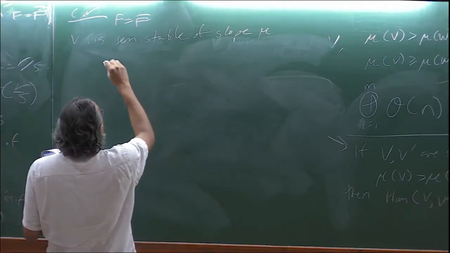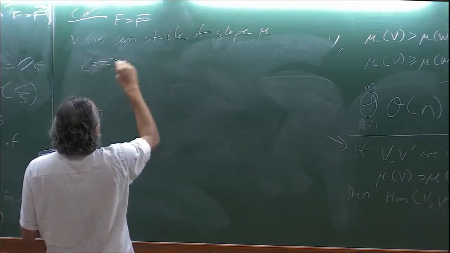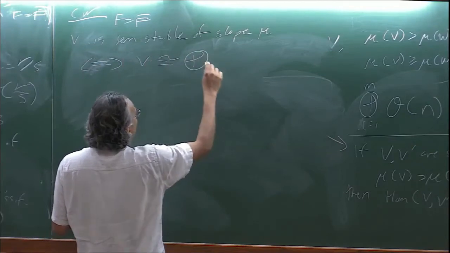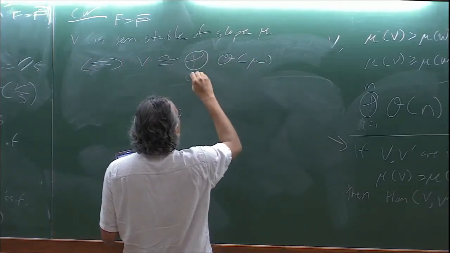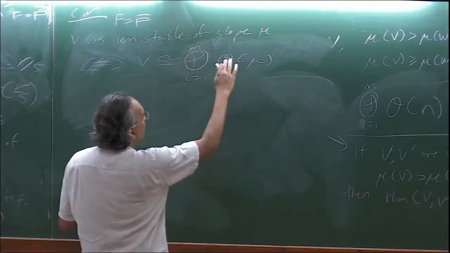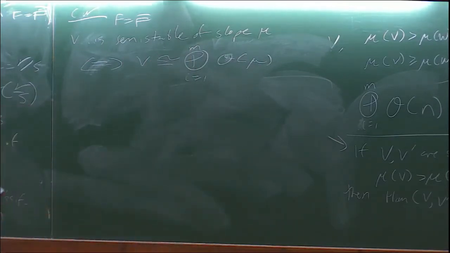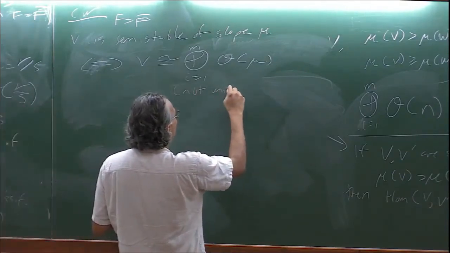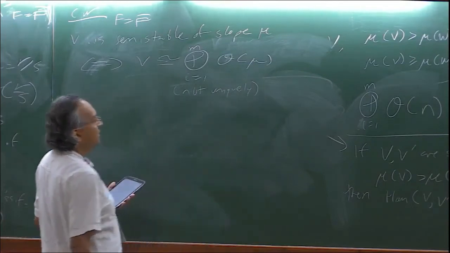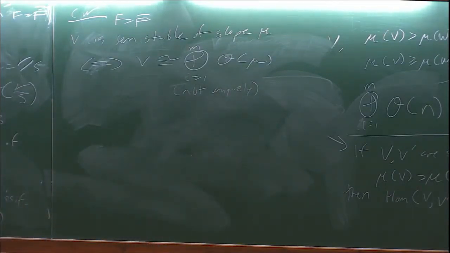V is semi-stable of some slope mu if and only if V is isomorphic to some direct sum of copies of O of mu. So we also know what the semi-stable things are, but this is not a unique decomposition either. But there's not so much ambiguity in it, because the ambiguity involves sections of the structure sheaf, which are just Q_p.